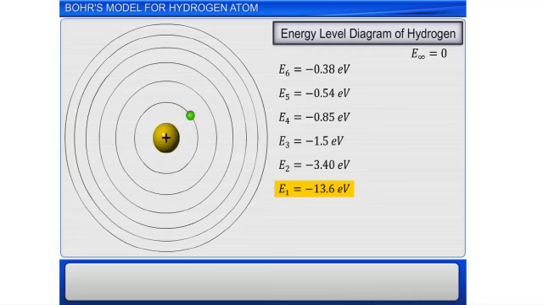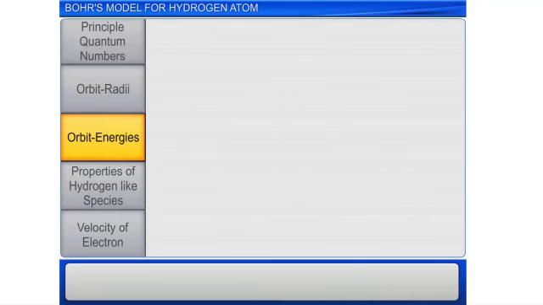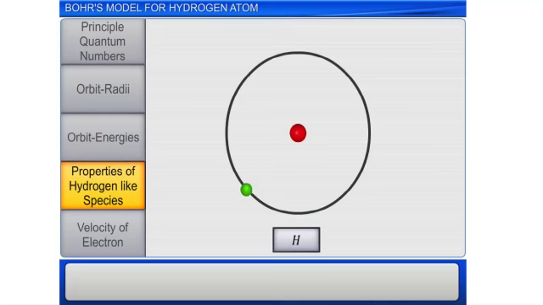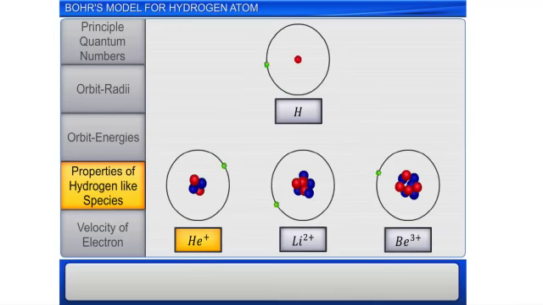Bohr's theory also applies to other ions which are isoelectronic with hydrogen, such as helium plus, lithium 2 plus, and beryllium 3 plus ions that contain 1 electron each.